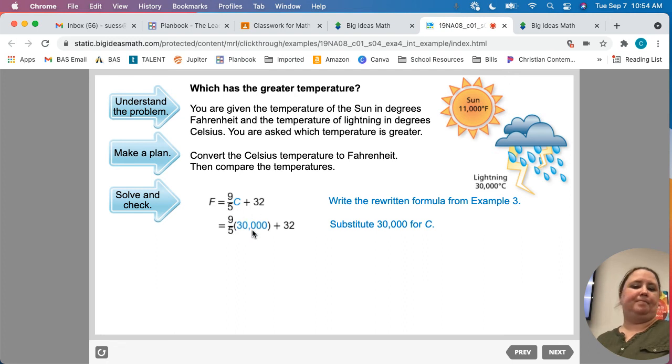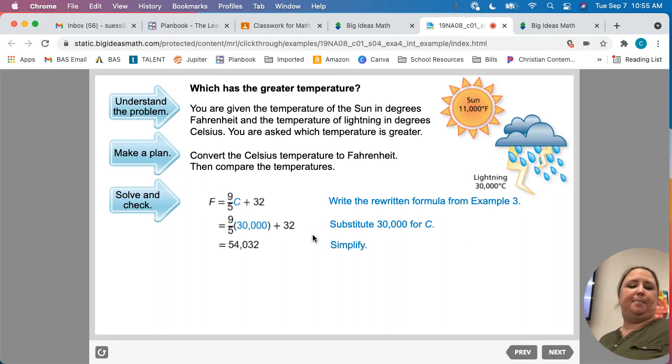Multiply. So with your handy-dandy calculator, what is 9/5 times 30,000? You could also do 9 times 3 divided by 5. See what you get. And then put a bunch of zeros. What'd you get? 9/5 times 30,000 is? 54,000.